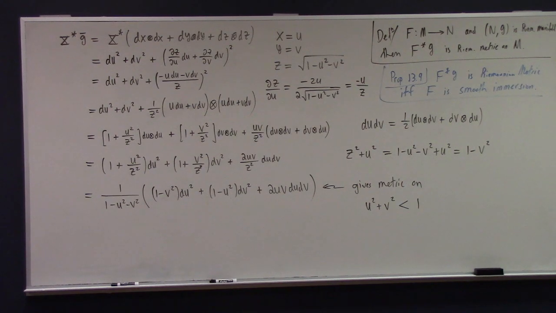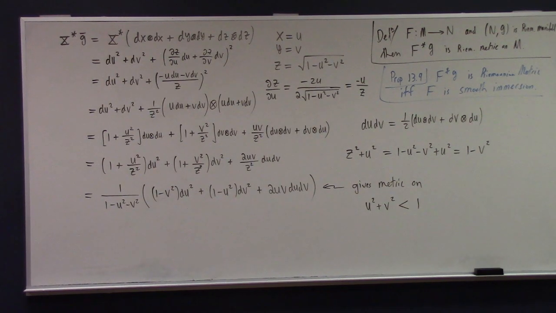Let's take a couple minutes to calculate it. It's worth having some experience with, because it is maybe one of the more interesting examples, period. I guess that was example 2, so this is example 3.